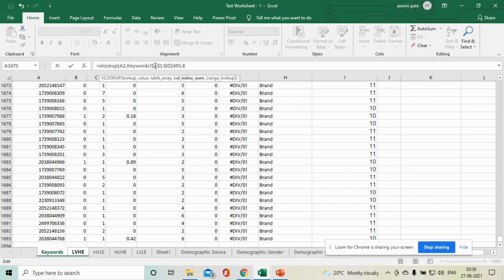It is the eighth column, 1 2 3 4 5 6 7 8, then enter 0, cool.